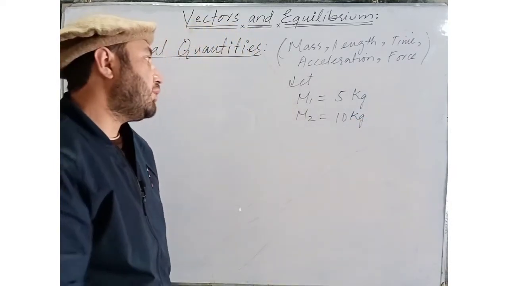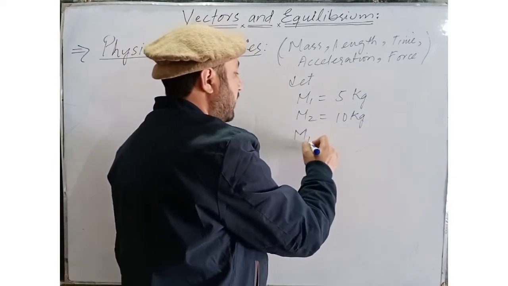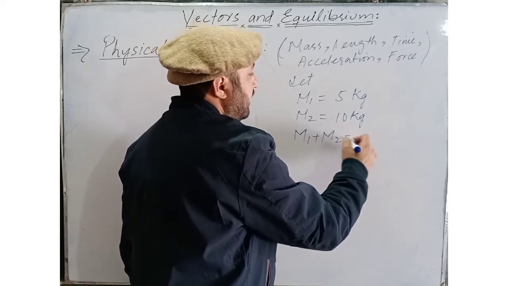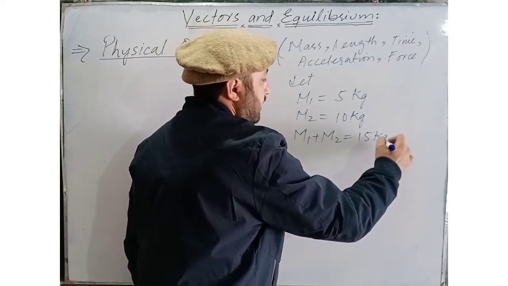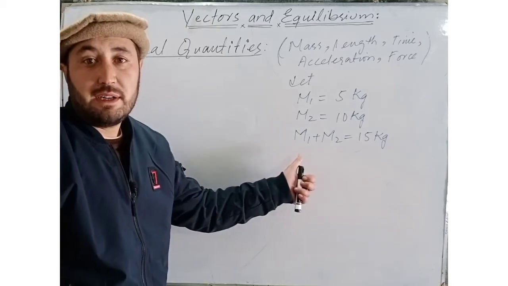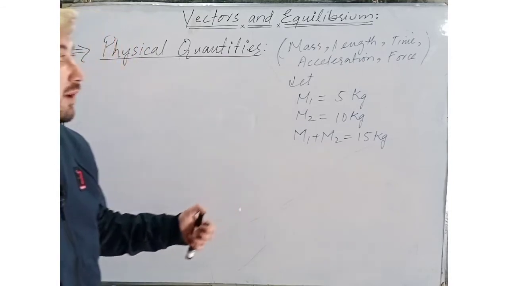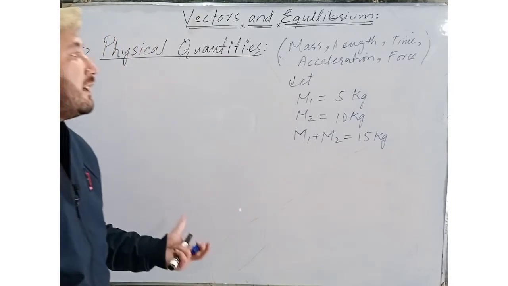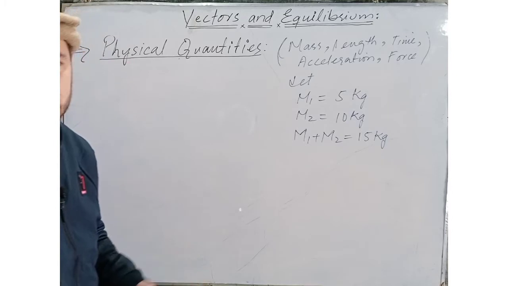Now, when you are going to add such two masses, you can use ordinary algebra and the result will be 15 kg. Okay, that is quite simple, but on the other hand there are some physical quantities which can't be operated using ordinary algebra. They require a new or a different kind of algebra in order to be operated.